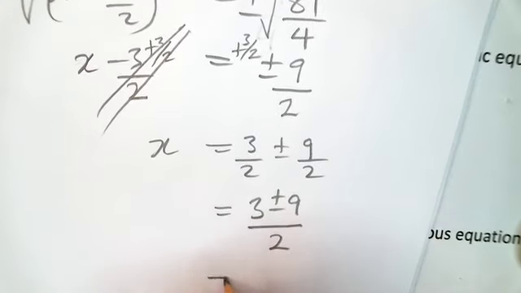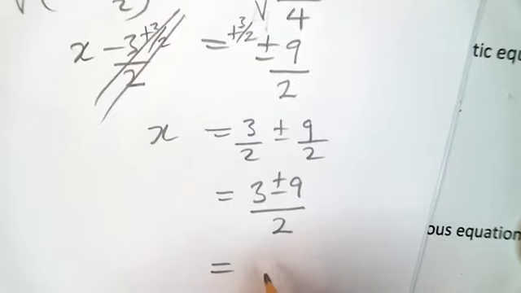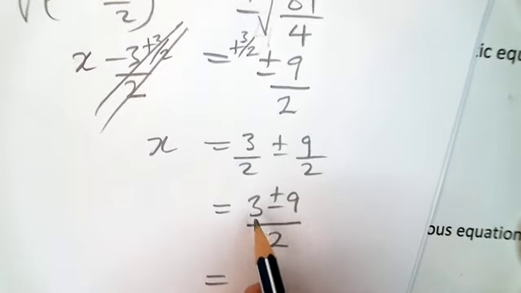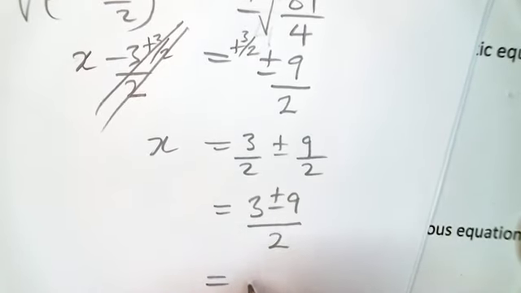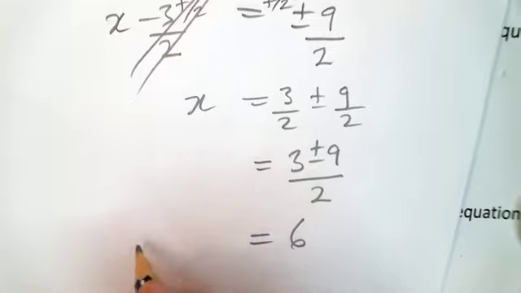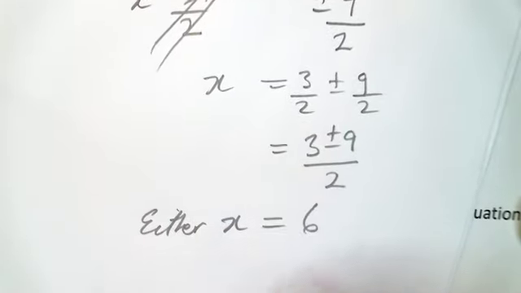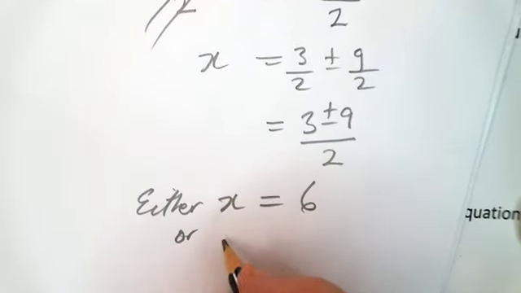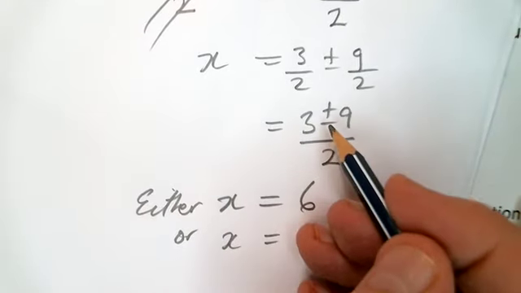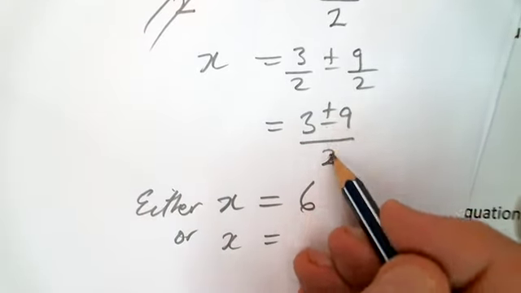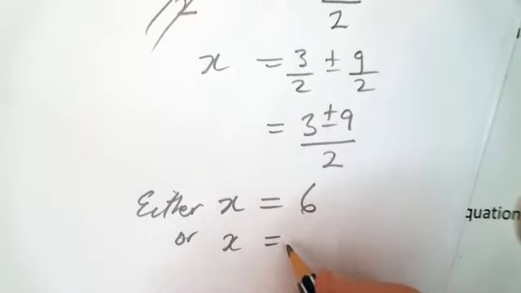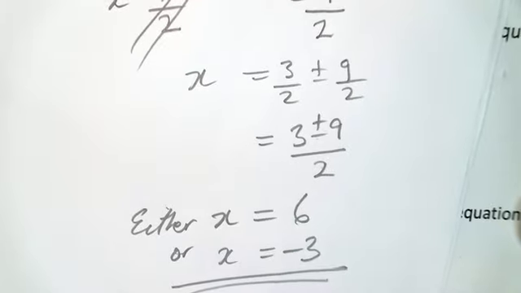And as you saw before in the previous example, we're now able to solve for x. 3 plus 9 is 12, divided by 2 is 6. So we can say either, and the either-or bit's important, either x is equal to 6, or x is equal to 3 minus 9, which is negative 6, divided by 2, which is negative 3. And that is my solution.